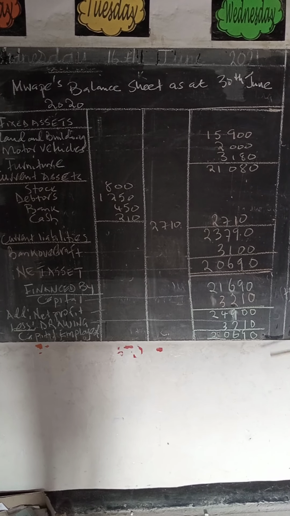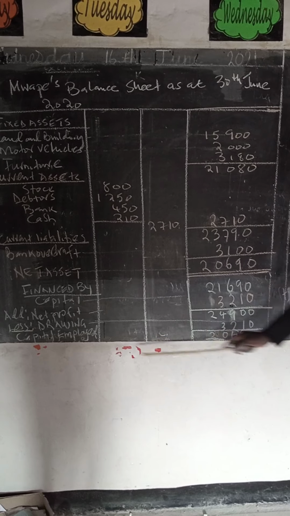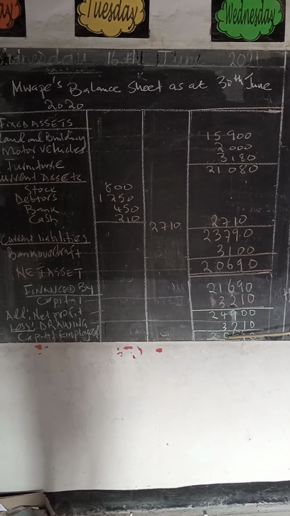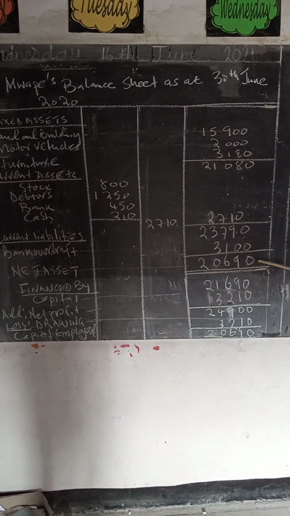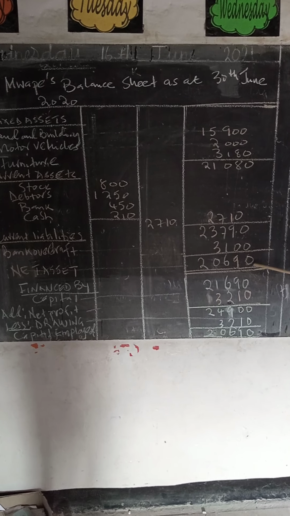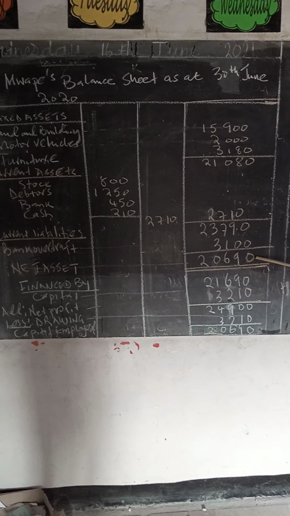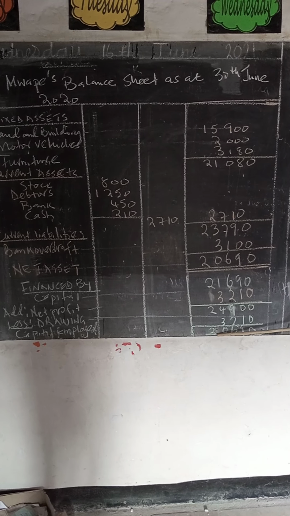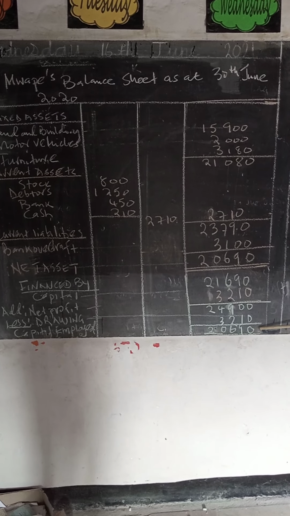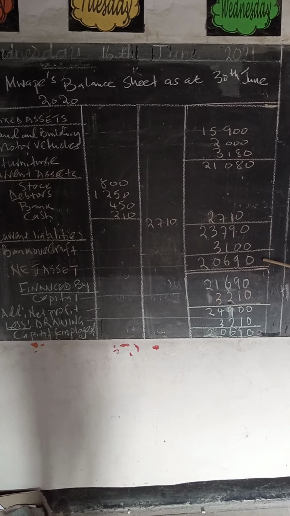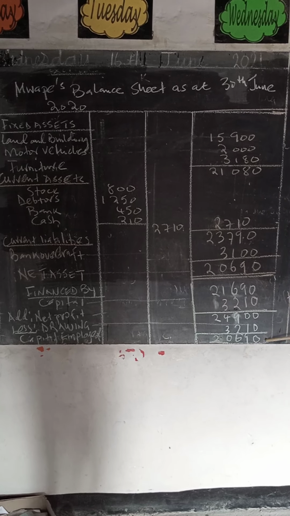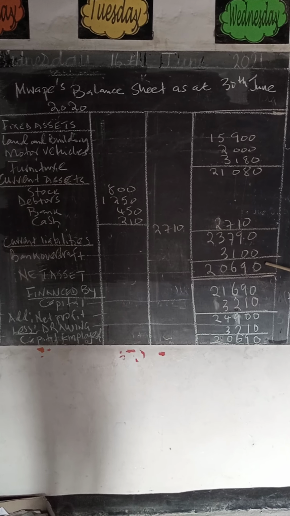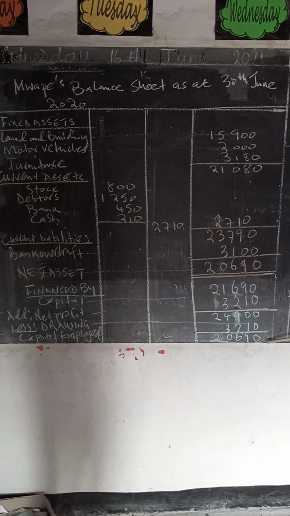Our capital employed, which is 20,690, is always supposed to be the same as the net asset. So net asset is 20,690 and our capital employed is 20,690. These two figures are supposed to agree. If they agree, it means that your work has balanced and your work is correct.